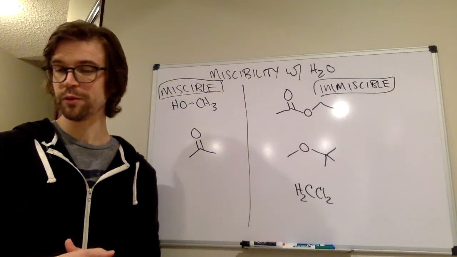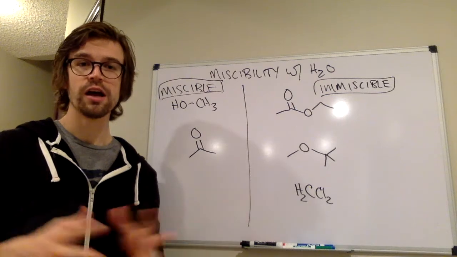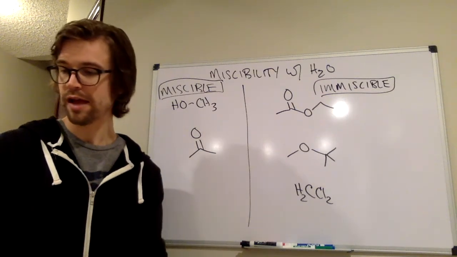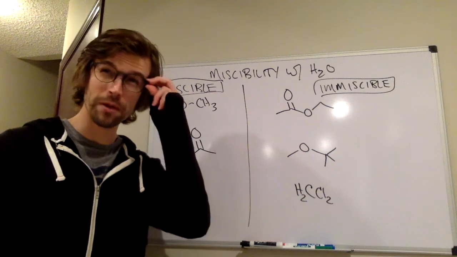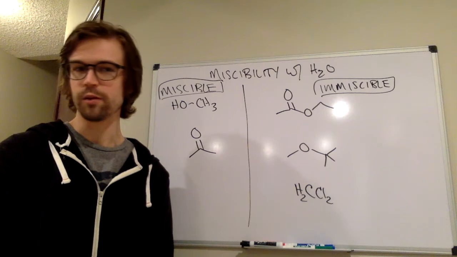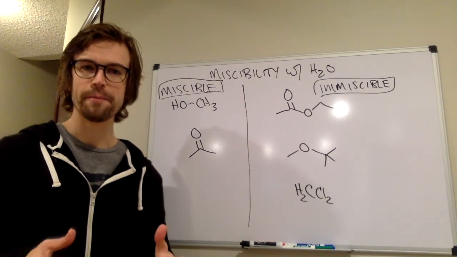So we will see that we'll be able to separate a 3-component mixture using extraction techniques. So look forward to that and enjoy the experiment. It's kind of one of my favorites throughout the semester, so hopefully it works well by this virtual lab method.